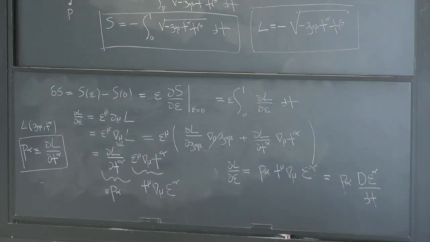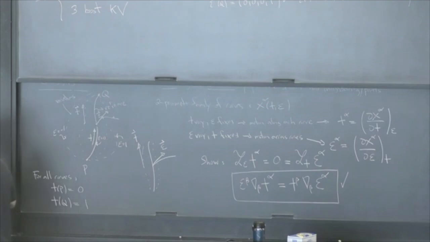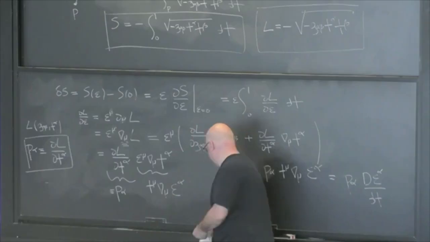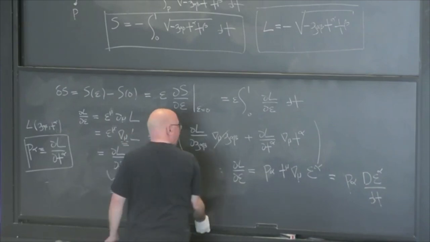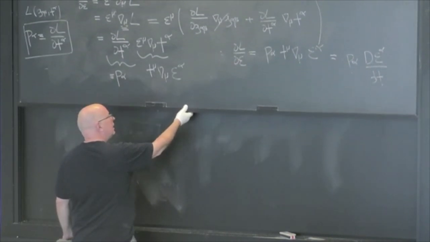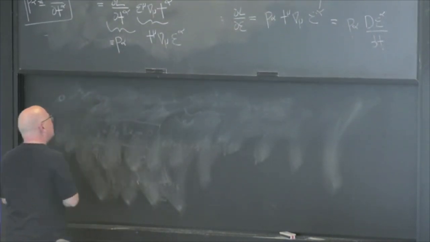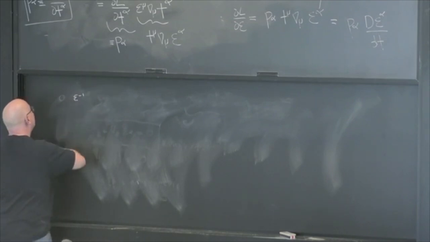And when I write it like this, I think it becomes very suggestive, because obviously the first thing I'm going to do here is to integrate this by parts, and then we'll be done, almost. Okay, so let's keep going with this. I'm going to plug that inside my variation of the action. So I'm going to kill that factor of epsilon that I don't really need anyway.